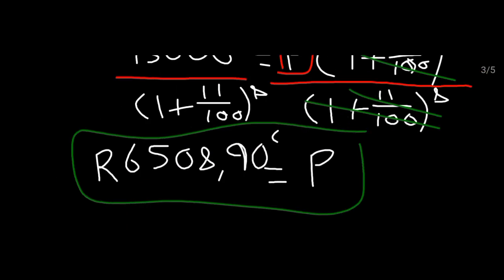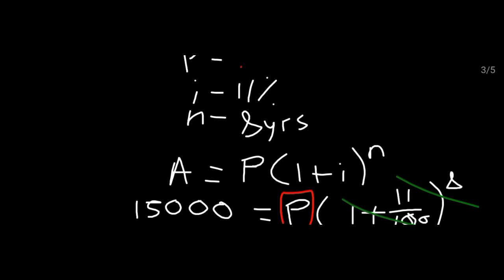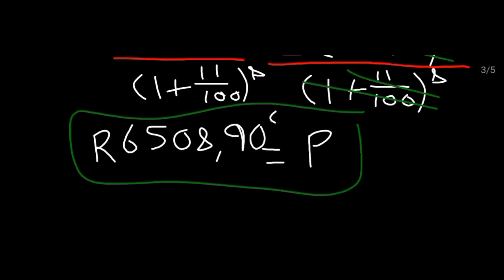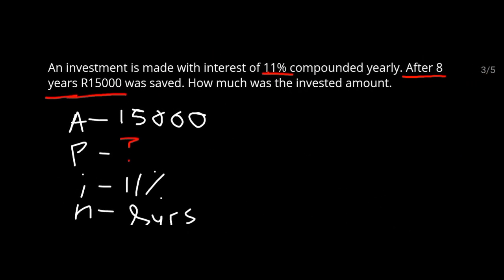So if someone were to take simple interest, we know their money right now would be about 5,000, maybe 7,000 something. So you can see compound interest on investments helps, because imagine someone invested this amount of money, then after 8 years they get 15,000. That is a lot of money, guys.